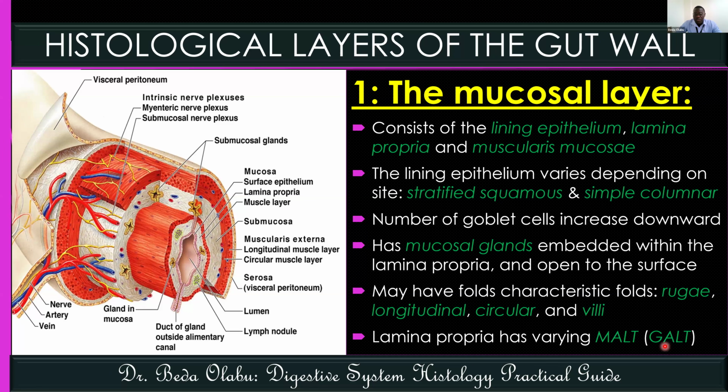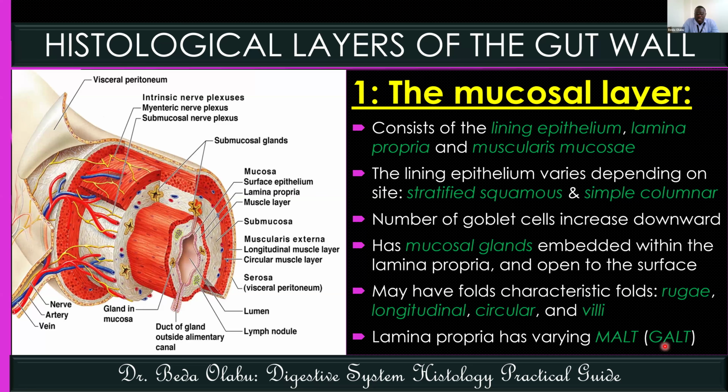I have avoided mentioning the pharyngeal tonsil and tubal tonsils because we are talking about the alimentary canal in this context. So those regions have a lot of lymphatic nodules. We also have a lot of lymphatic nodules in the ileum itself and also in the vermiform appendix.